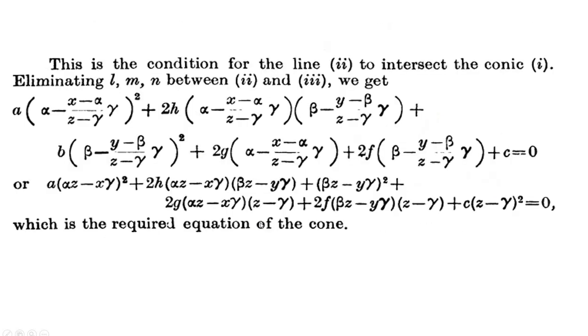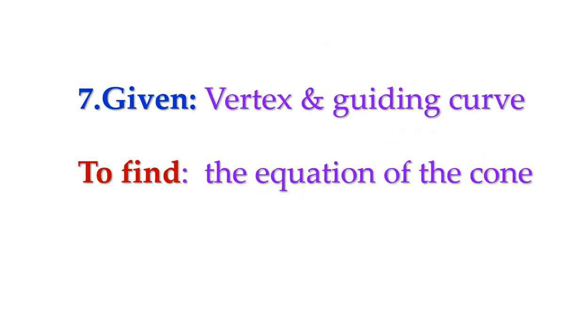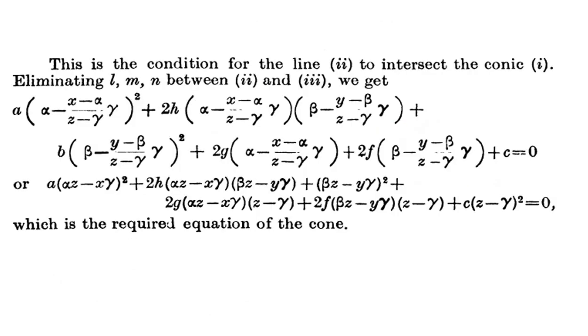From that we get a condition. Then, if we eliminate the parameters further, this is what we get. That is the required equation of the cone. So once the vertex and guiding curve are given, this is how you are supposed to proceed.